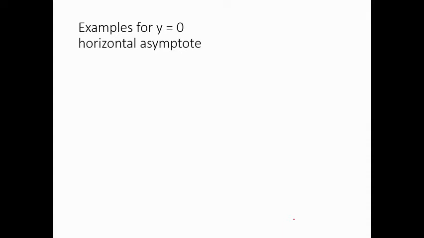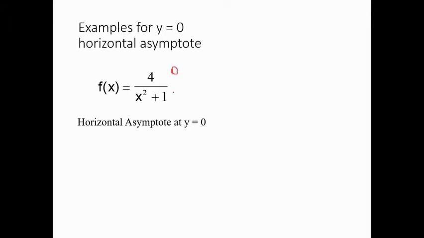Examples for a y equals 0 horizontal asymptote, in other words, the x-axis, is one of these, 4 over x squared plus 1. The horizontal asymptote's at y equals 0 because notice the degree here is a degree of 0. Okay, there is no x.